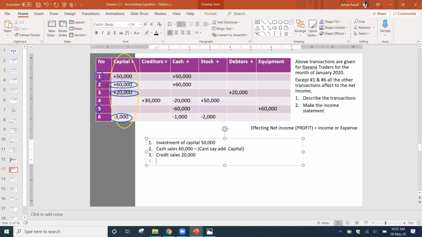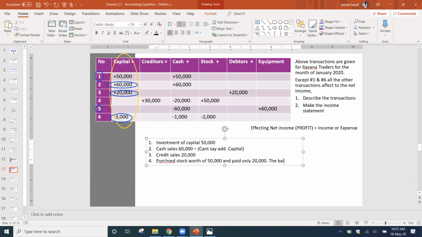In the fourth transaction, we got stock. That means we purchased. Cash given 20 and there is a liability, creditors' liability of 30. So purchased stock worth 50,000 and paid only 20,000.